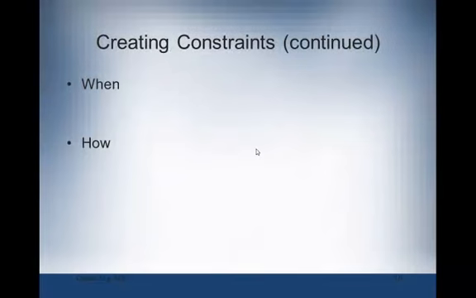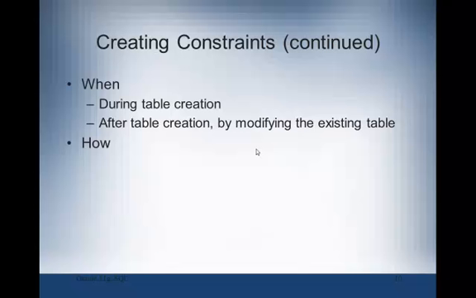Okay, when and how to create constraints? Well, you can create them during table creation, as I mentioned earlier, but you can also create them after the table has been created. You would modify the existing table to add a constraint, so it would be an alter table command. And how can you create these constraints?